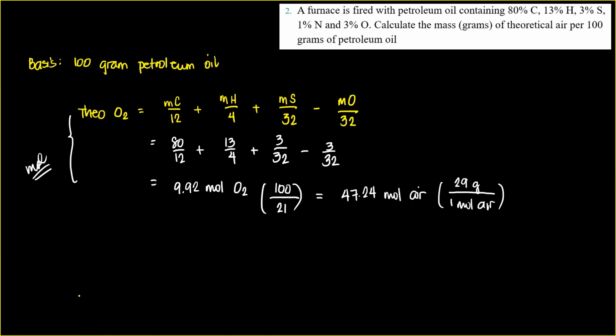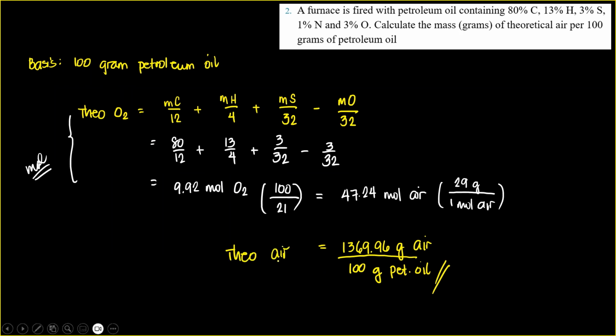So what's the answer, guys? 1369.96 grams of air for every 100 grams of petroleum oil. So this is your theoretical air needed. All right.